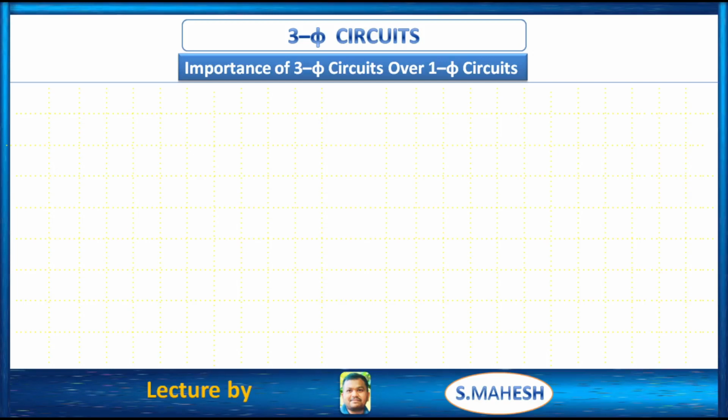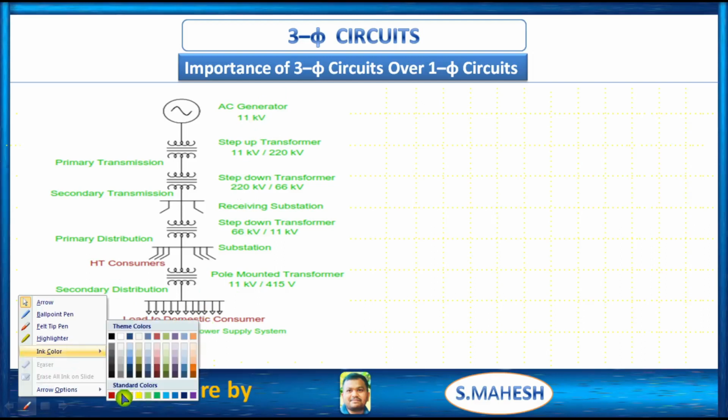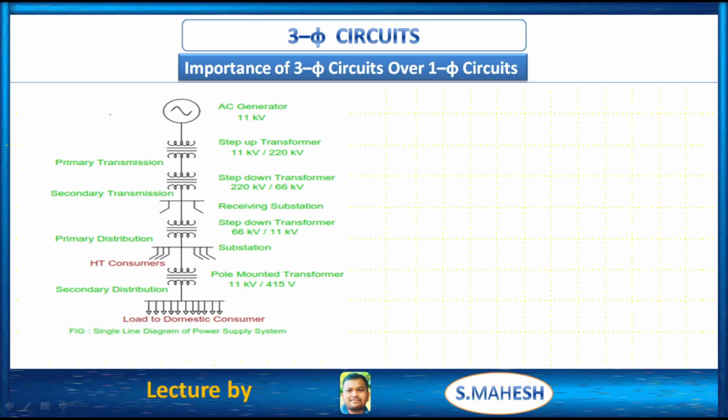Before that, first I would like to introduce the single line diagram of power system. So what does this mean, which describes what? Generation, transmission, distribution and utilization, right? This is the part, generation. So from here to here we have transmission.